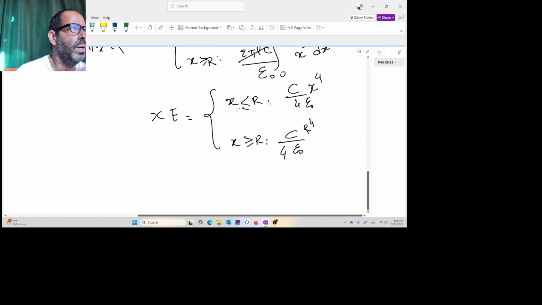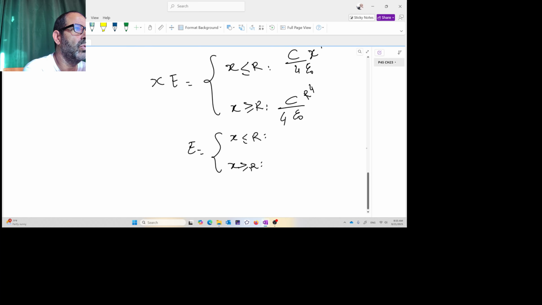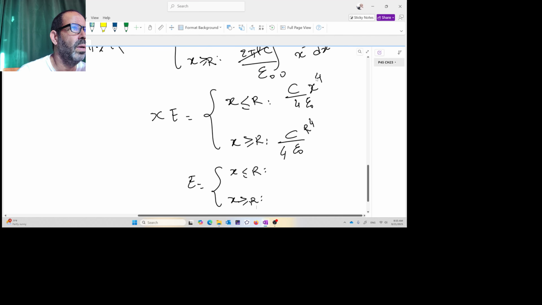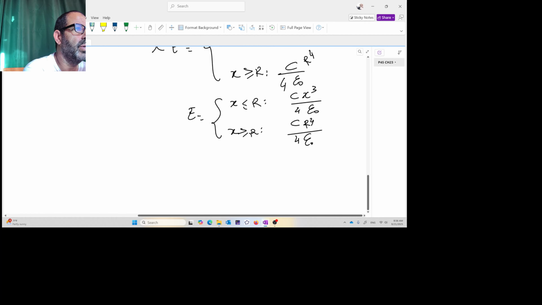Now we have to divide by x, and we find the value of E. So the x to the power 4 and the x cancel, and I'll be left with c x cubed over 4 epsilon naught. In this case, I will be left with c r to the power 4 divided by 4 epsilon naught x. I can't cancel x and the r.